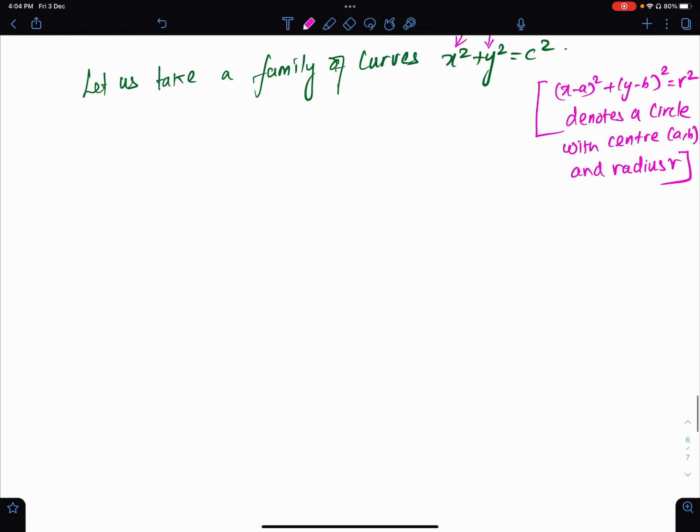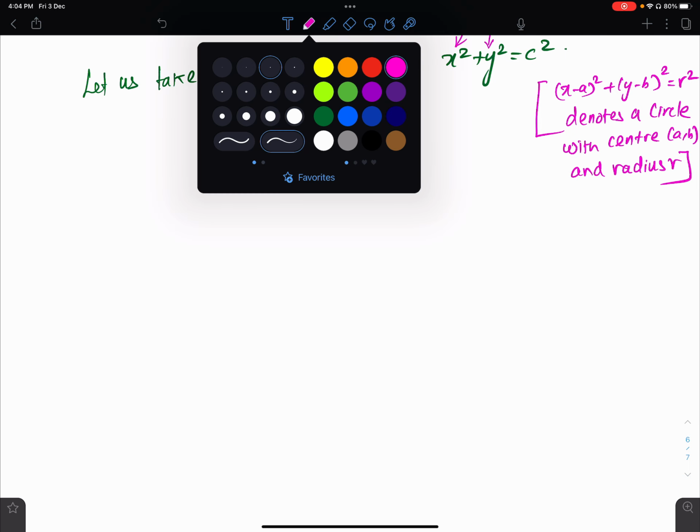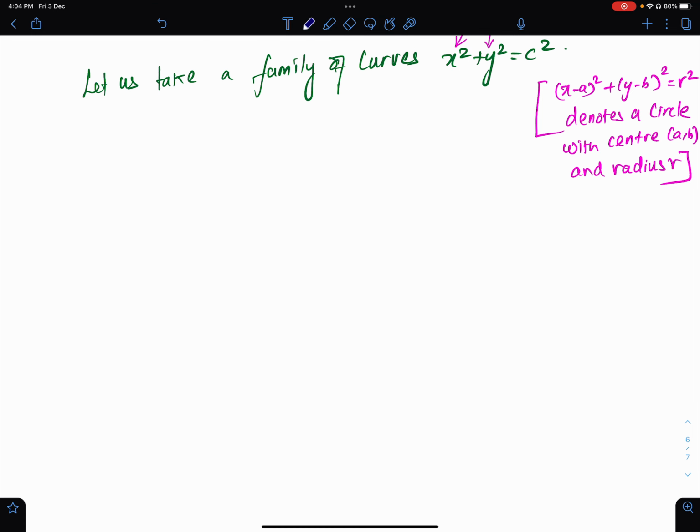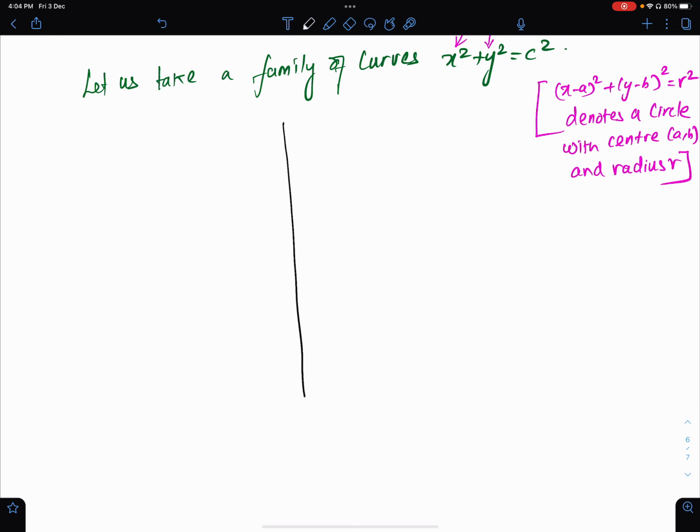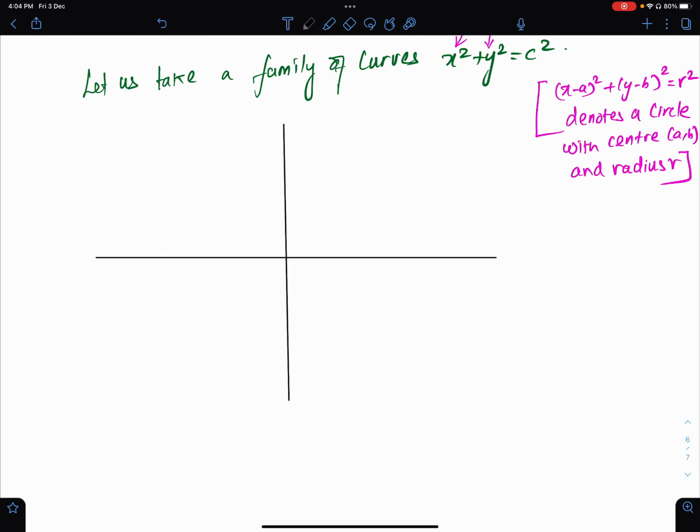So let me take the family. See here how I'm drawing. First, one straight line. Okay, so this is the x-y axis.